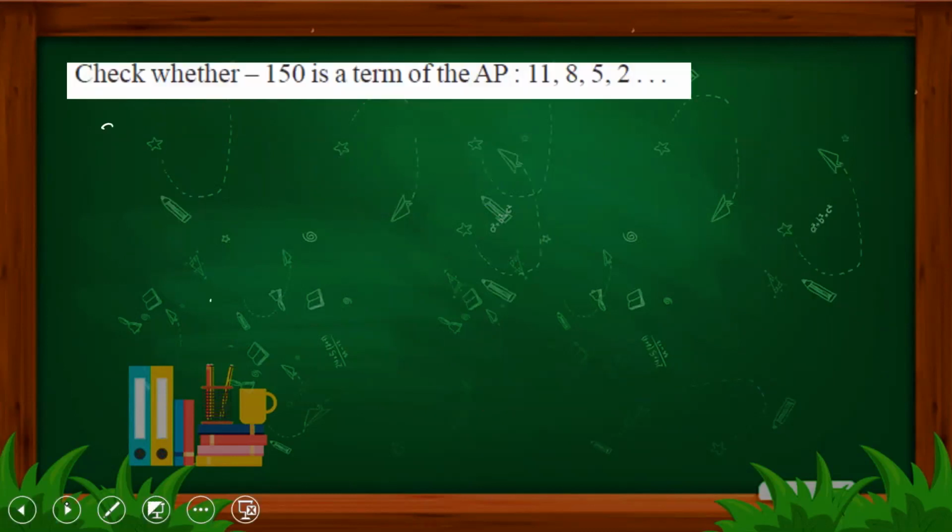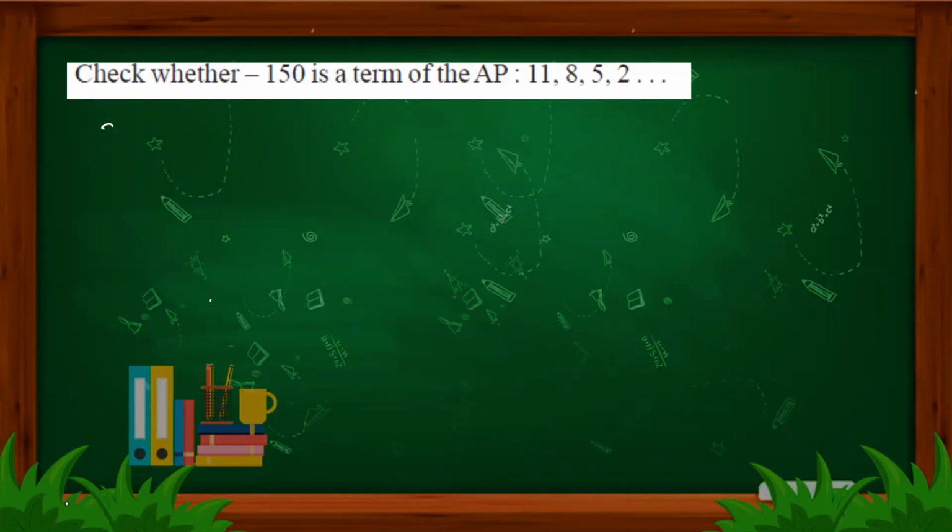It says, check whether minus 150 is a term of the AP or not. So in the previous question, we knew that 78 was a term. In this particular question, we don't know whether minus 150 is a term of the given AP or not. We need to check. So in order to check, we'll find out the value of N. If N is a whole number, see, what is N?